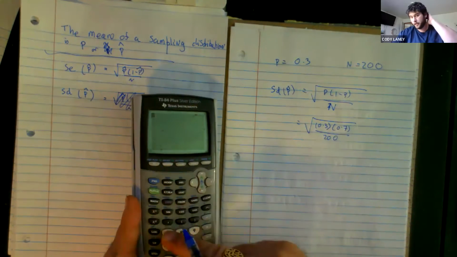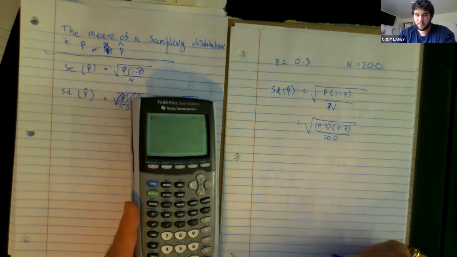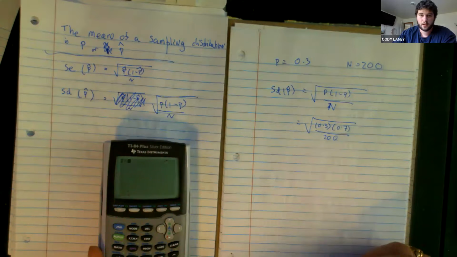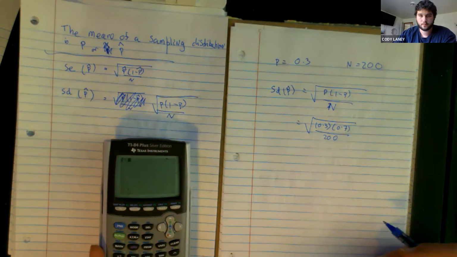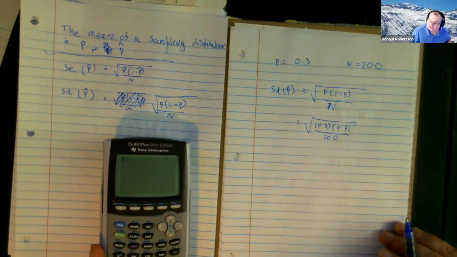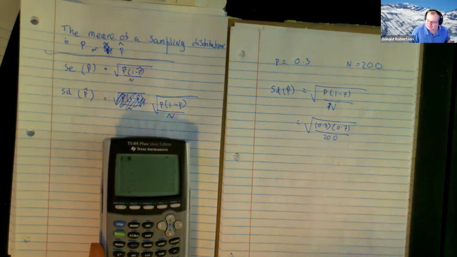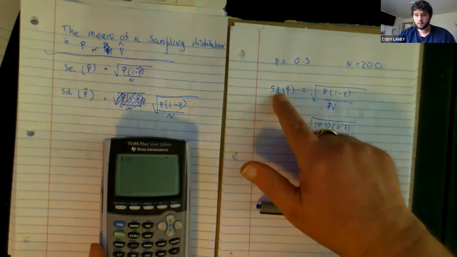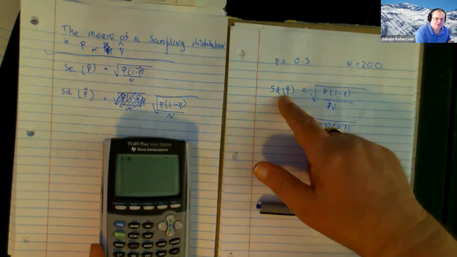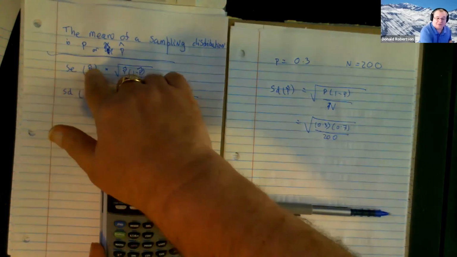And I don't get it. Why do you do P hat in parentheses after SD, but then use normal P in the square root? Because that's the dumb way that they write it down. It's not my choice. It's basically saying the standard deviation of the sampling distribution and the standard error of the sampling distribution.